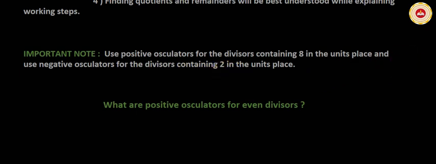Now friends, let us learn what a positive osculator is. Suppose we have a divisor 18. This 18 is the divisor.